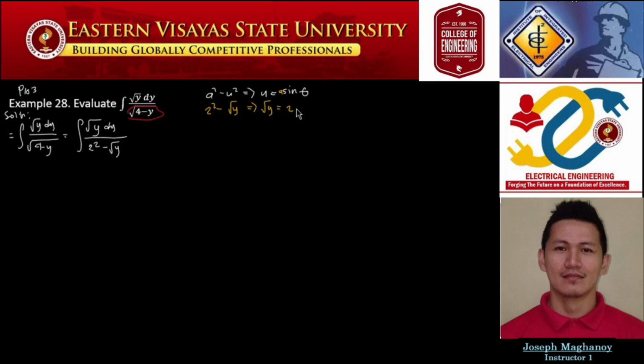Now we need to find the value of y. Just remove the radical. If you remove the radical, it becomes a power of 2, so y is 4 sine squared theta.